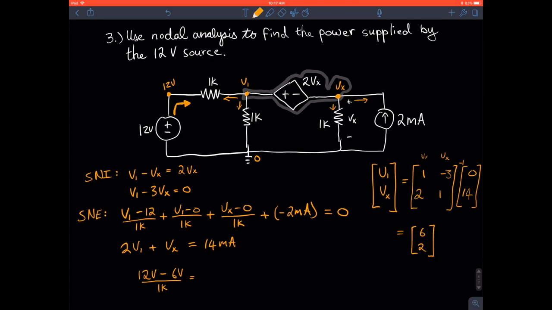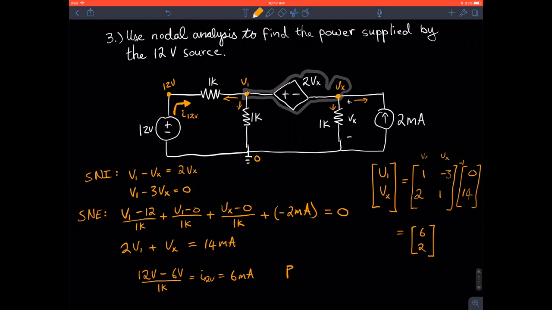And that should give us, let's call this I12 volt. That's equal to I12 volt. And so that's going to be equal to 6 milliamps. And we know the voltage supplied by the 12 volt source, obviously.